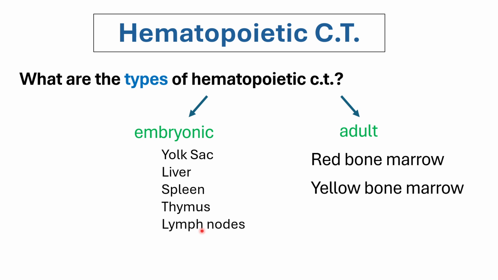For the adult site of your hematopoiesis or production of blood, you would have your red bone marrow and yellow bone marrow. Red and yellow typically describes their color when seen with the naked eye.